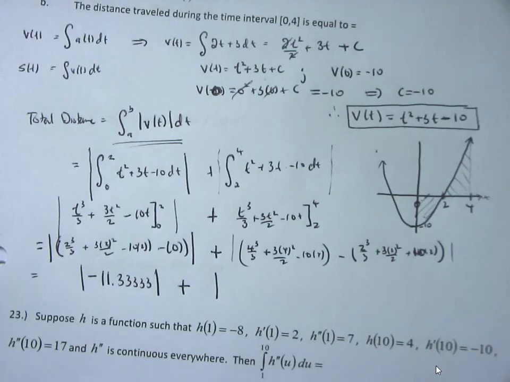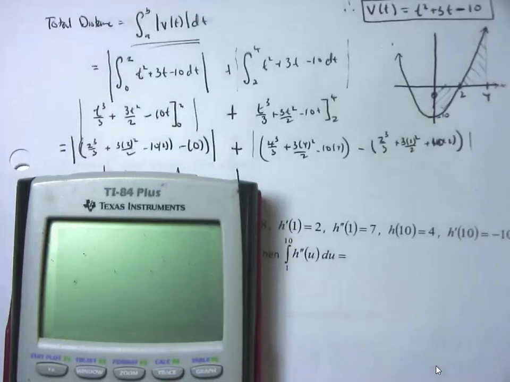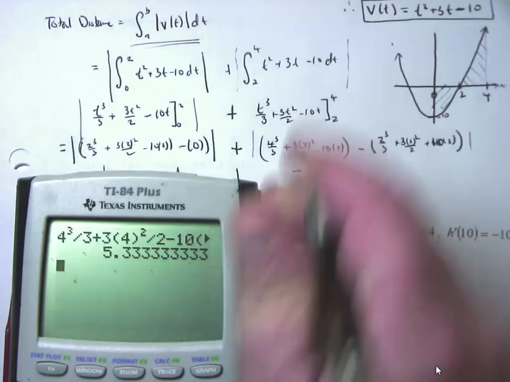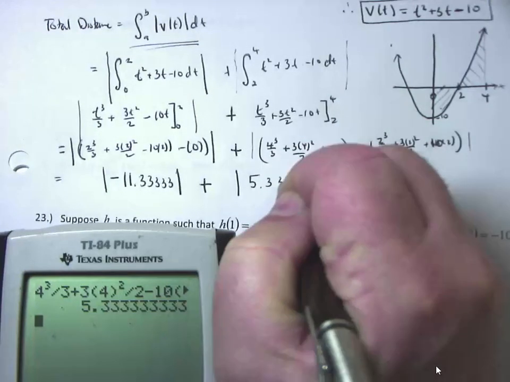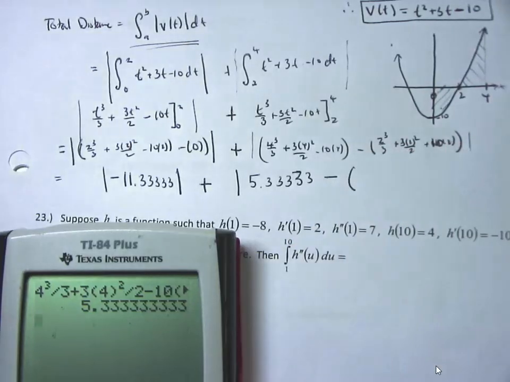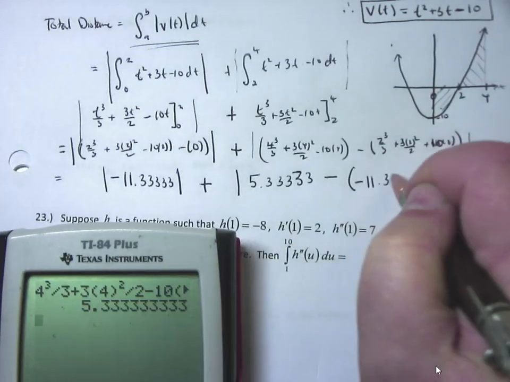Plugging in 4 on this thing, it's 4 cubed divided by 3 plus 3 times 4 squared divided by 2 minus 10 times 4. When I plug that in, I end up getting, I'll put it over here so you can see it, 5.33333 minus, when I plug this number in, I get a negative 11.33333.